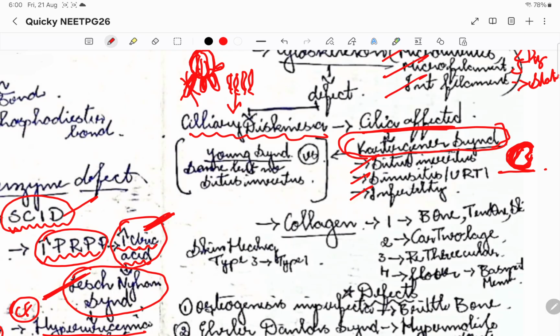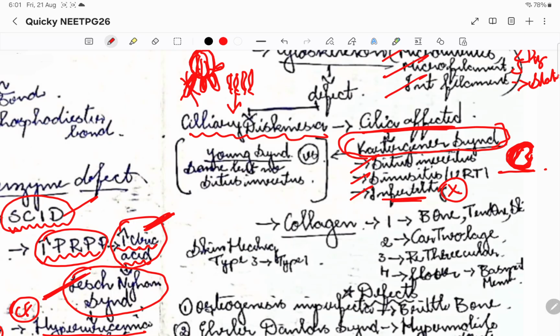Sinusitis, because the cilia is not beating, the mucus clearance is not there. Infertility, because the cilia is affected, the vas deferens and these structures aren't able to move the sperm or semen forward. That is why the infertility is there.